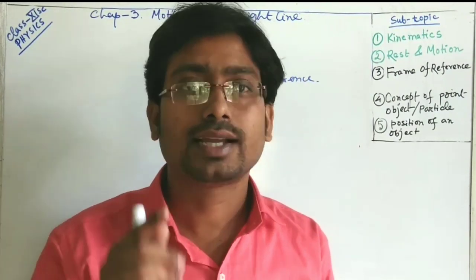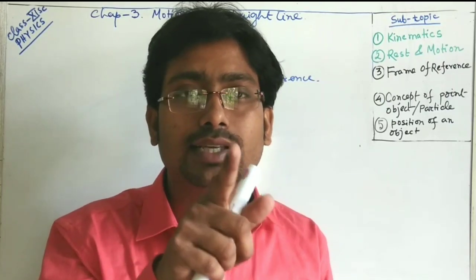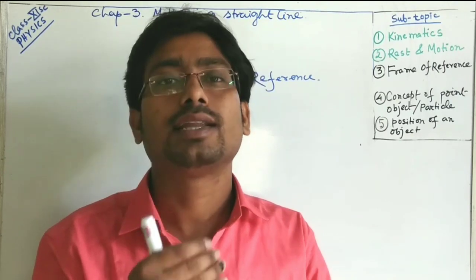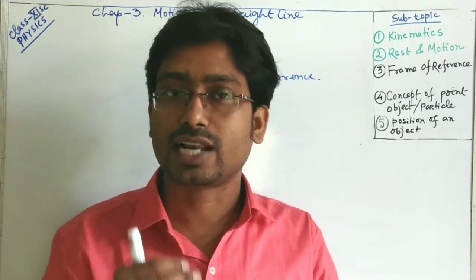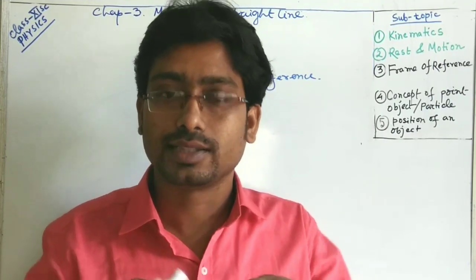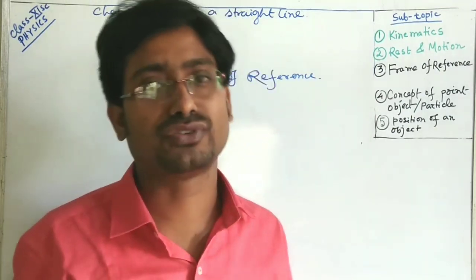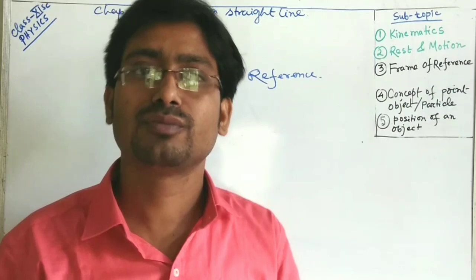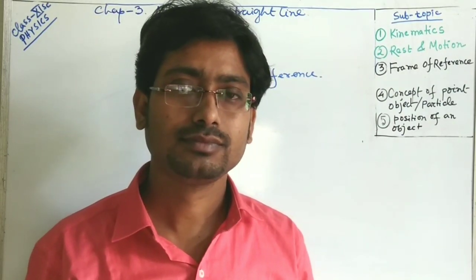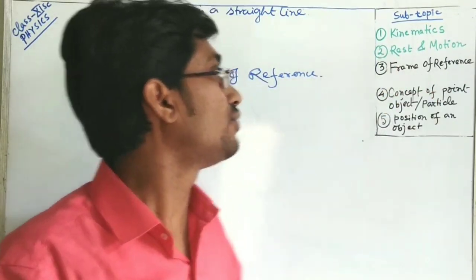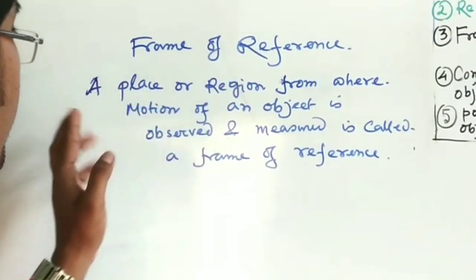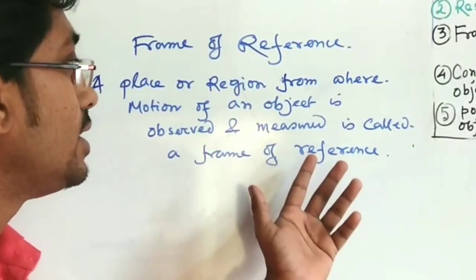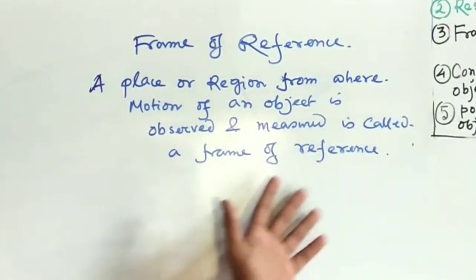He can say that the passenger is in motion. So now the place from where he is judging, making the calculation and the observation, that ground is the frame of reference. So when the frame of reference changes, the state of motion of an object also changes. The frame of reference is a place or region from where the motion of an object is observed and measured.